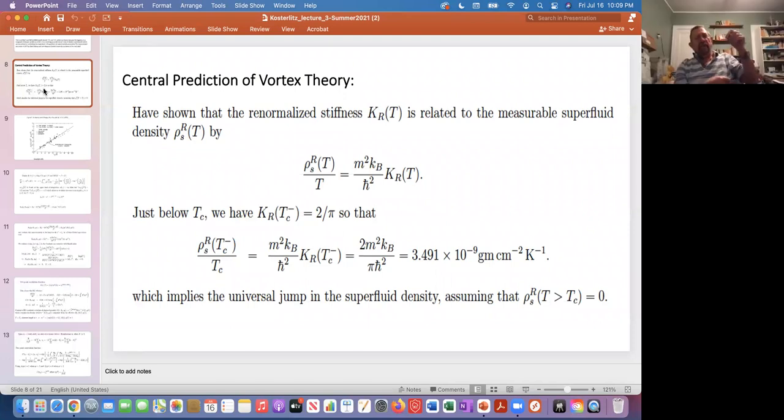Because you see, at the fixed point, or in the vicinity of the fixed point, the only parameter that survives is this coupling constant K, and that at the fixed point takes on a particular value. And the other thing about the fixed point is the fugacity y is 0.